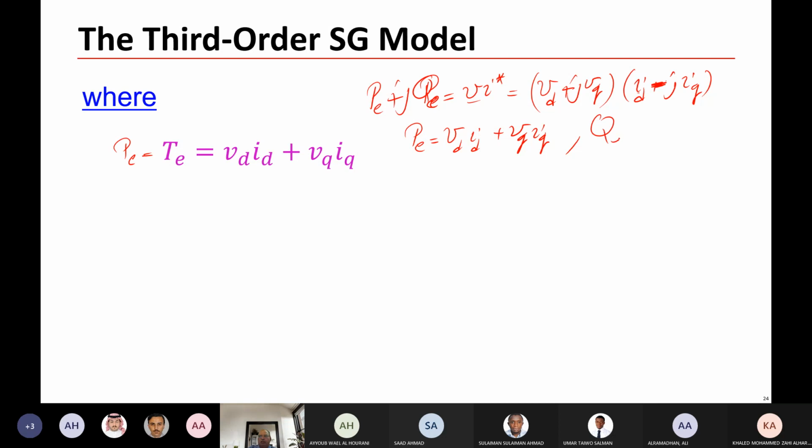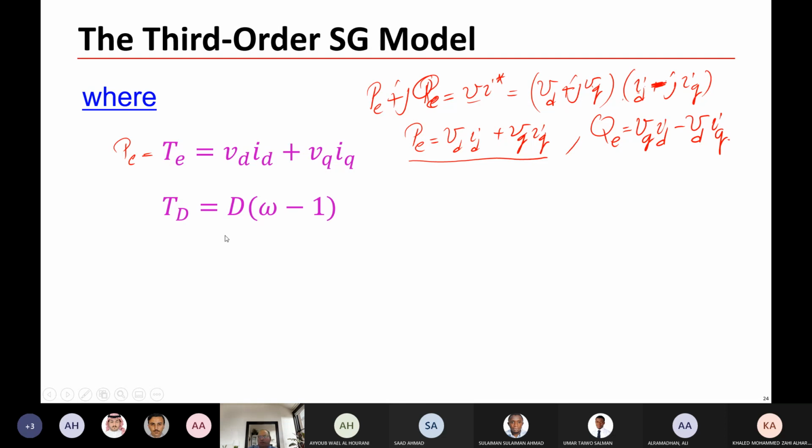If you want to calculate the QE also, the reactive power output of the generator in terms of the D and Q axis voltage and current, you can write VQID minus VDIQ. So you can express the electrical power output of the generator as VDID plus VQIQ. This is an algebraic equation.